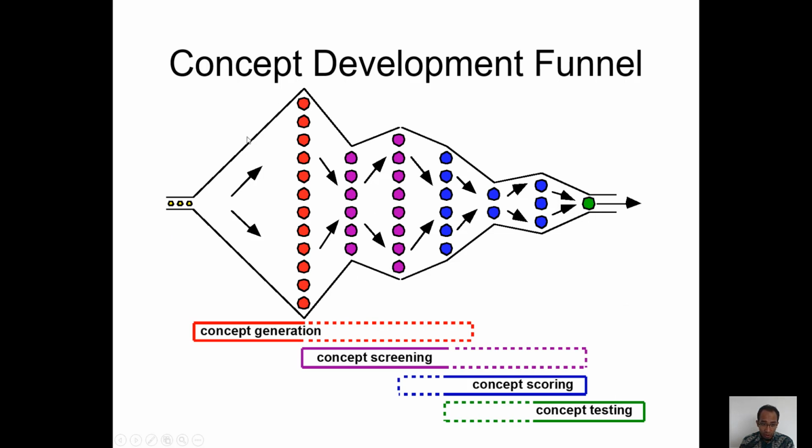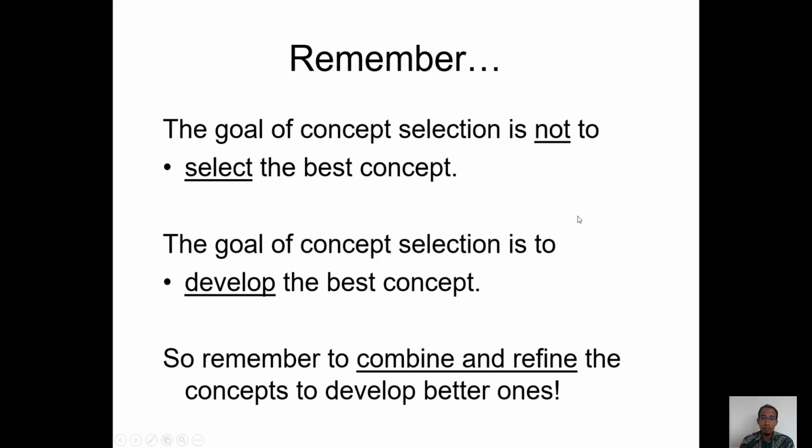So from these alternatives of concepts we have in the concept generation, we might end up testing only one concept. Remember, the goal of concept selection is not to select the best concept. The goal of concept selection is to develop the best concept, because we might combine 2 or 3 concepts together to come up with the best concept. So remember to combine and refine the concepts to develop better ones.